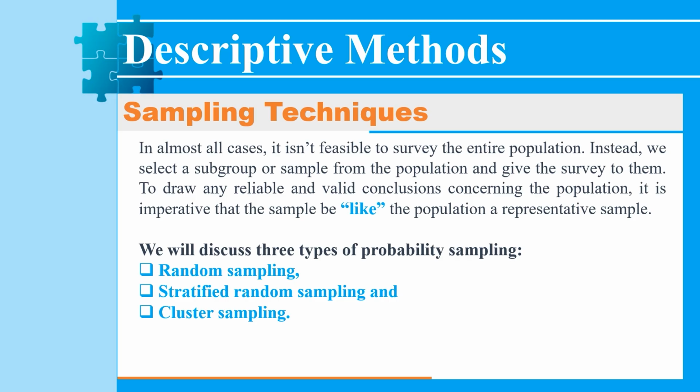It is imperative that the sample be like the population, a representative sample. In this chapter, we will discuss 3 types of probability sampling that you can see on the screen here, including random sampling, stratified random sampling, and cluster sampling.